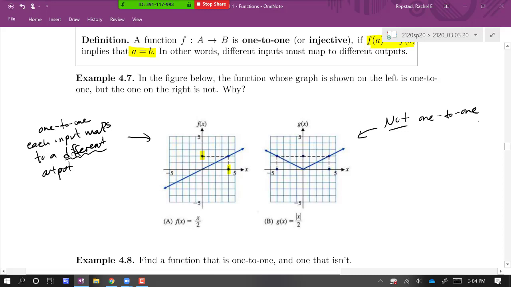In fact, that happens over and over again. There are infinitely many y-coordinates where two different values map to the same output. You only need to find one instance of that happening to show that a function's not one-to-one, but certainly in this case, we have many to pick from.